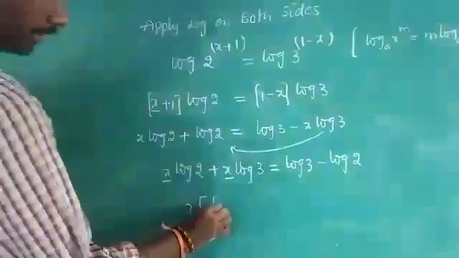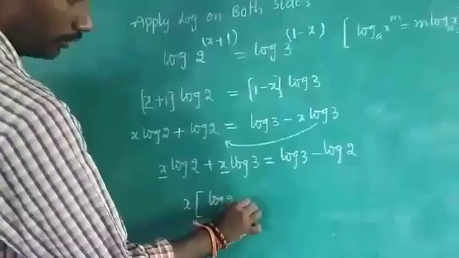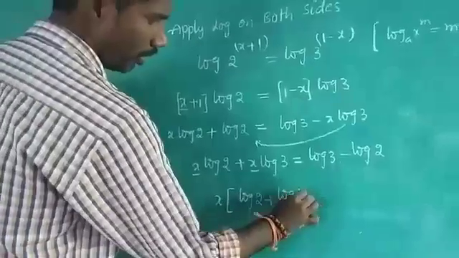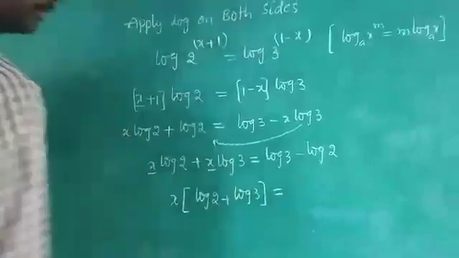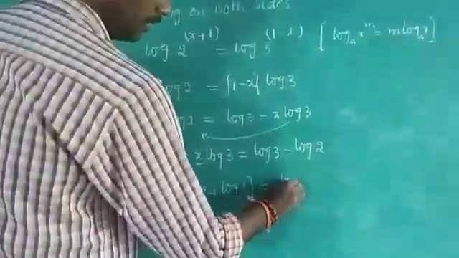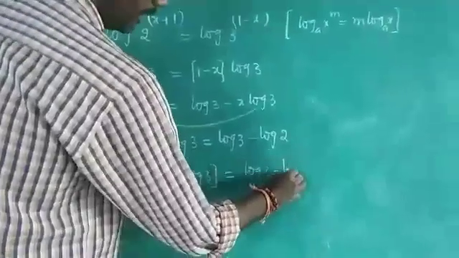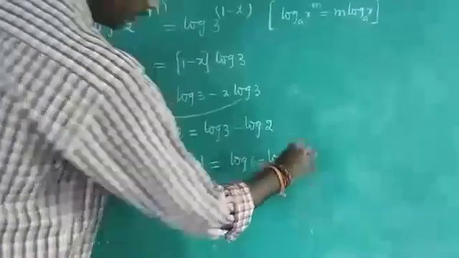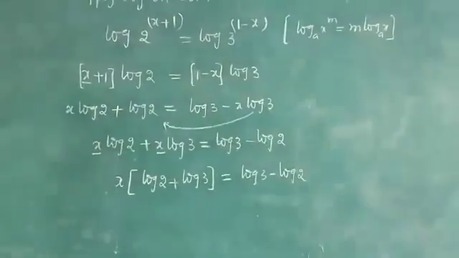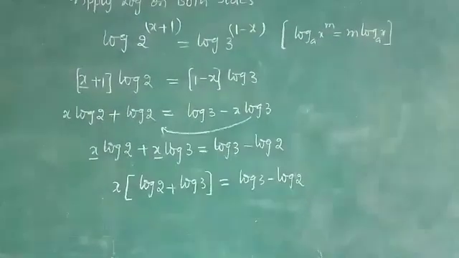So what you will write? x into log 2 plus log 3 is equal to log 3 minus log 2. Is it clear, everyone? So very important, you need to understand clearly.